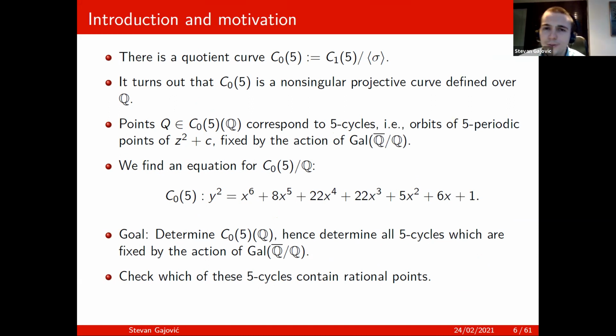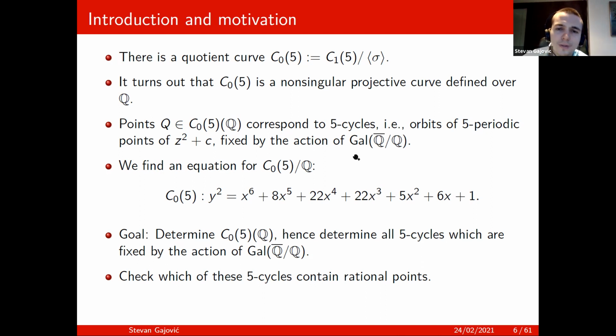But we need to be careful here, because we obtain all 5-cycles, so orbits of 5-periodic points, but none can guarantee that pointwise these points belong to Q. This is the same thing as with the divisor.